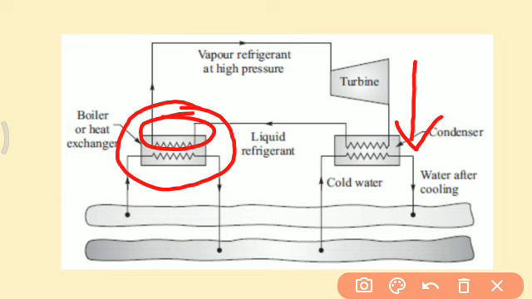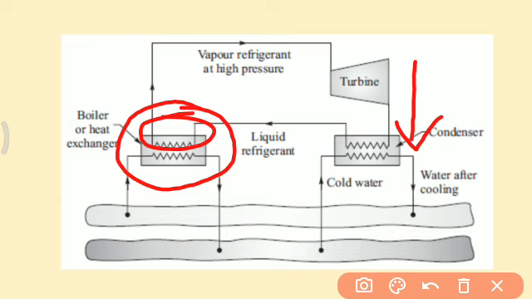It is not mixed like in the previous system. The ammonia or whatever vapor I am using is, after condensation, passed back to the boiler or heat exchanger. That's why it is called a closed loop system.